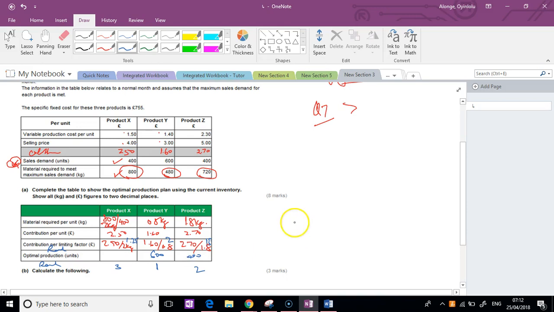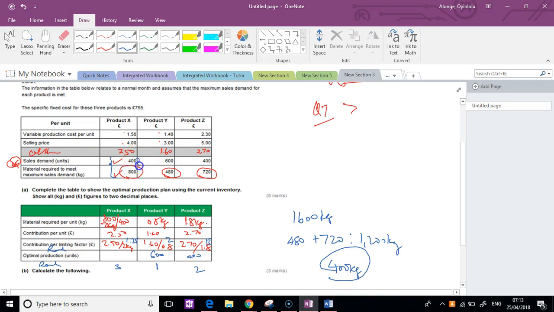So the question becomes, if you have a total of 1,600 kilograms, and you have used 480 kilograms, and you've also used 720 kilograms, that means you've used 1,200 kilograms so far. So you have 400 kilograms left for product X, and you know you need 2 kilograms to make a unit of product X, because we worked that out from here.